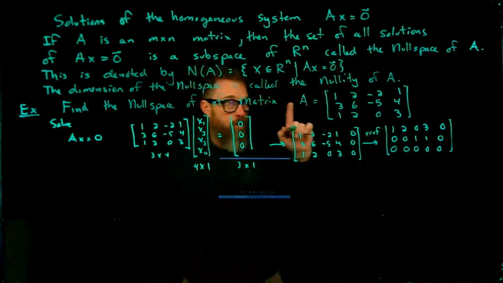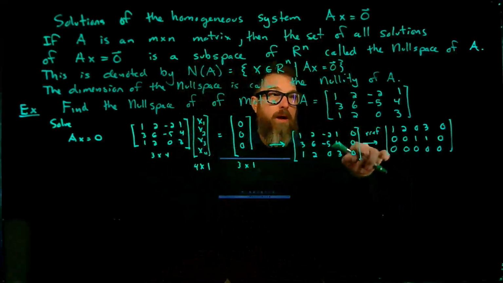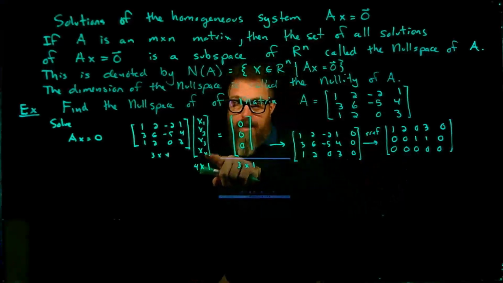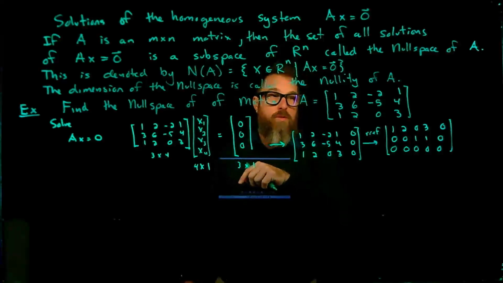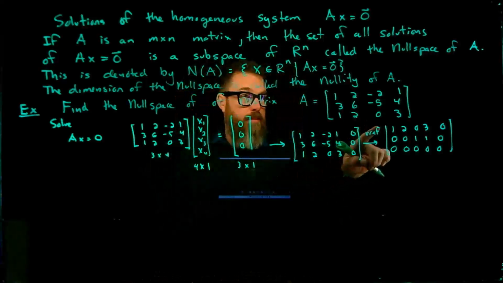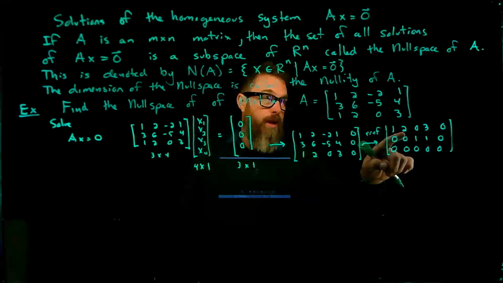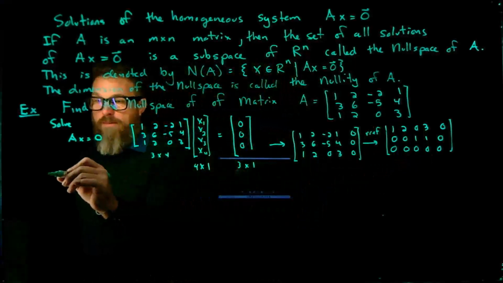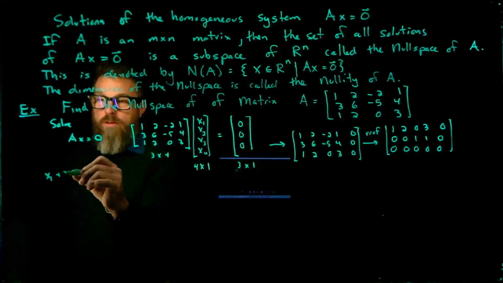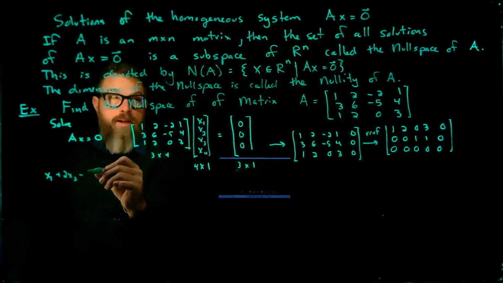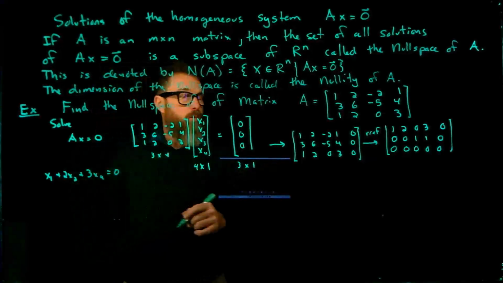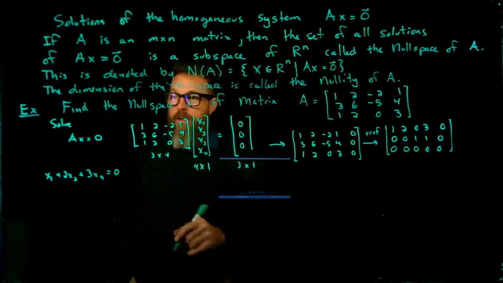Okay, so what does this line say? Well, it's still this thing times this x is equal to 0 when we row reduce this. So when I write this, it's going to be 1x1, 2x2, 0x3, 3x4 equal to 0. So I have 1x1 plus 2x2 plus 3x4 is equal to 0. The next row says 1x3 plus 1x4 is equal to 0.